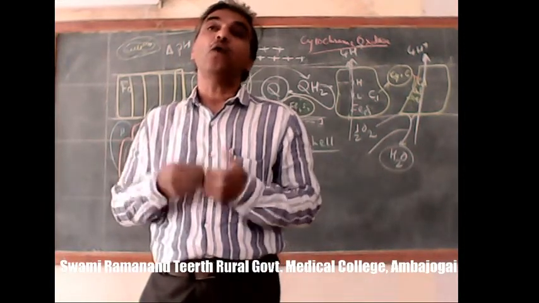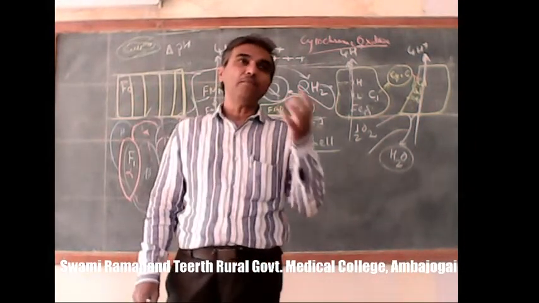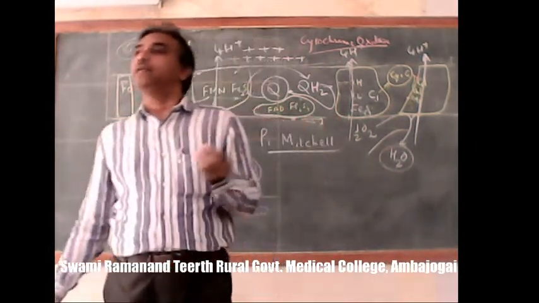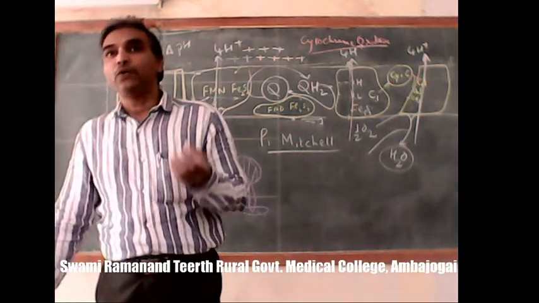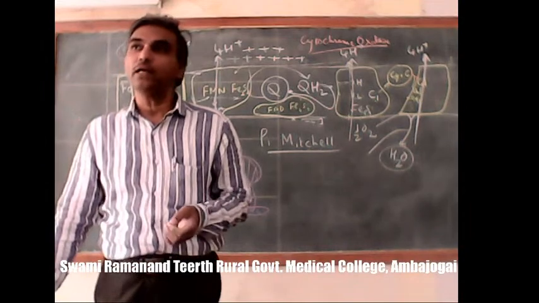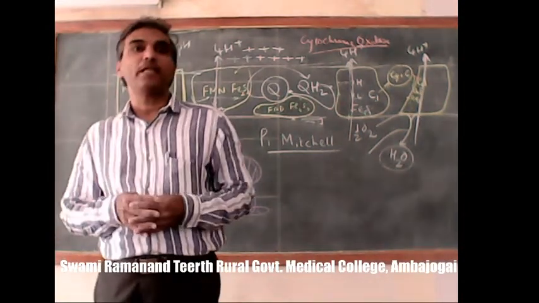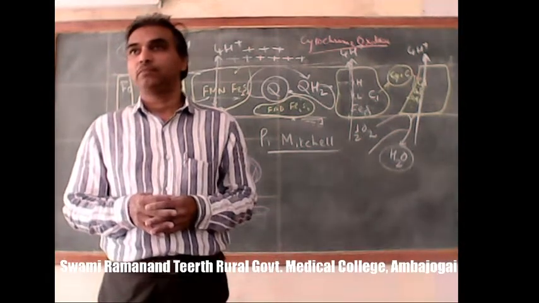Before that, it was only speculated that some intermediate is formed during the process, and that intermediate is then helpful for the synthesis of ATP. But that intermediate was never found.